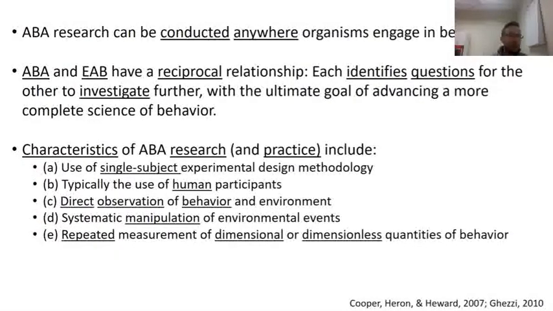Okay, so typically ABA research involves the use of human participants, but not always. I mean, you could conduct ABA research on, for example, animals that you have do tricks and so forth at like a zoo or an amusement park.